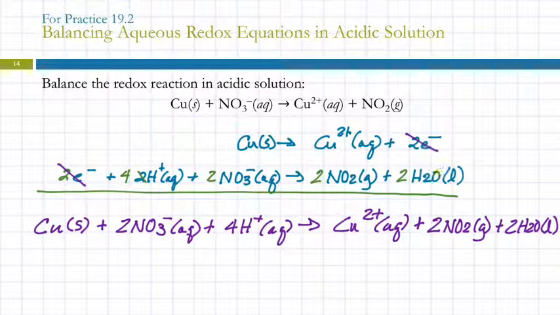On the other side, there's no charges at all, it's 0. So that means we have to make the left side equal to 0. So we're just trying to get the sides equal. In this example, both of them ended up with 0 on both sides. But that's not necessarily how it's going to work out. They might both have charges on both sides. They just need to be equal. So there's our balanced equation.